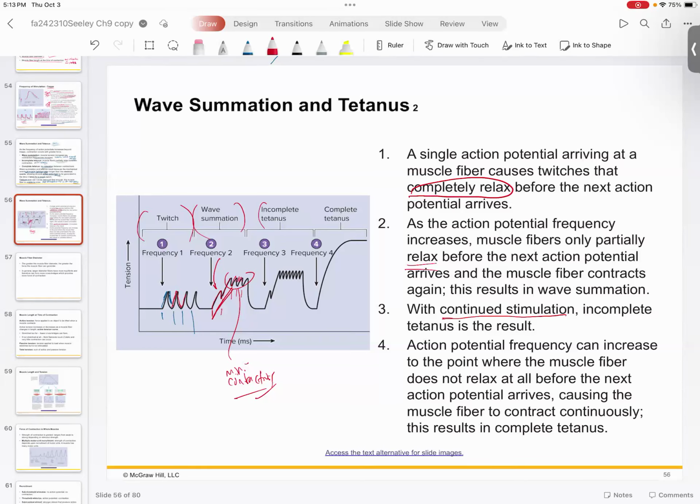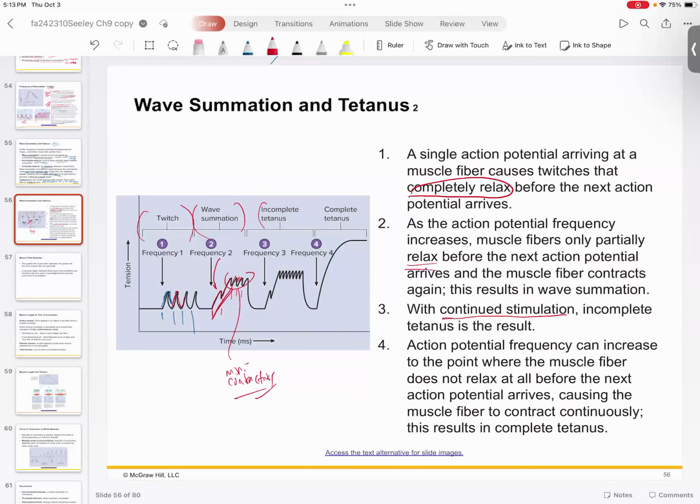The difference between the front end of wave summation and treppe is that with wave summation, you're moving on to a rapid-fire kind of stimulus where you're not allowing for relaxation. In treppe, you're allowing for complete relaxation. So you're going through your complete relaxation cycle.